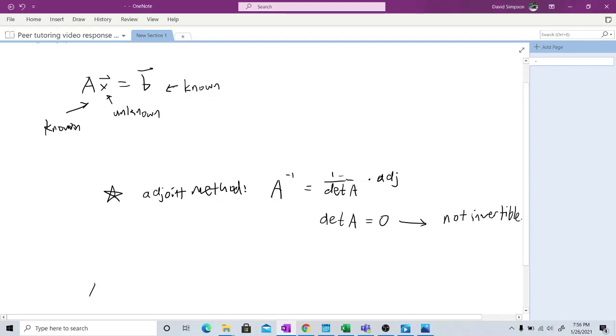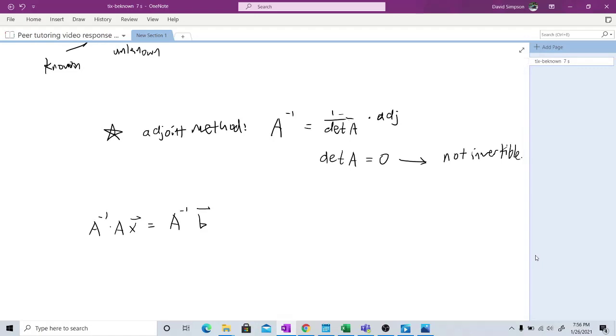We're going to multiply both sides of this equation by A inverse. So there's a rule in linear algebra that says you can multiply both sides of an equality by the same thing on both sides. It doesn't have to be on the left, but usually it's done on the left.